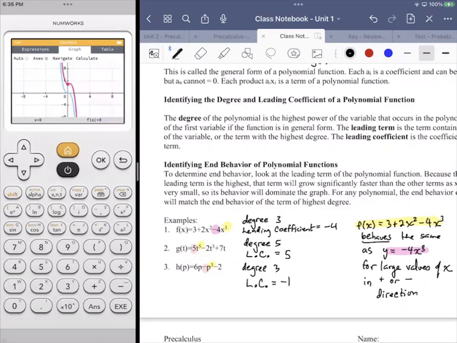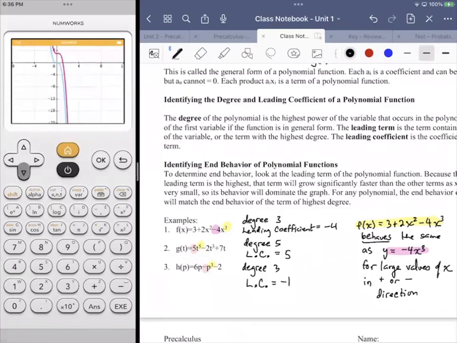But as we expand outward, and in fact, you can kind of see it, if I go to navigate, if I start working my way down the line here, you see the two curves start getting closer and closer to one another. It gets to a point where they're almost indistinguishable from one another.